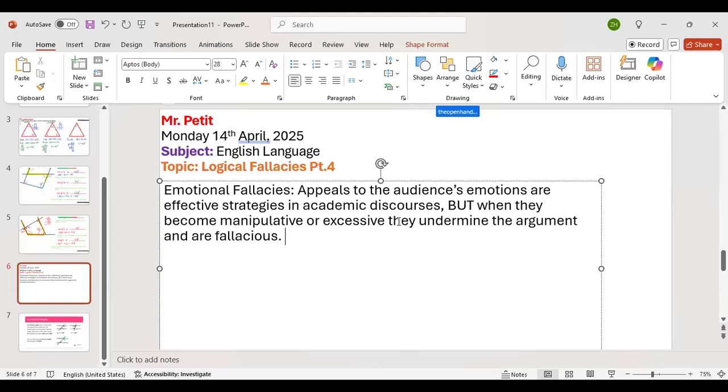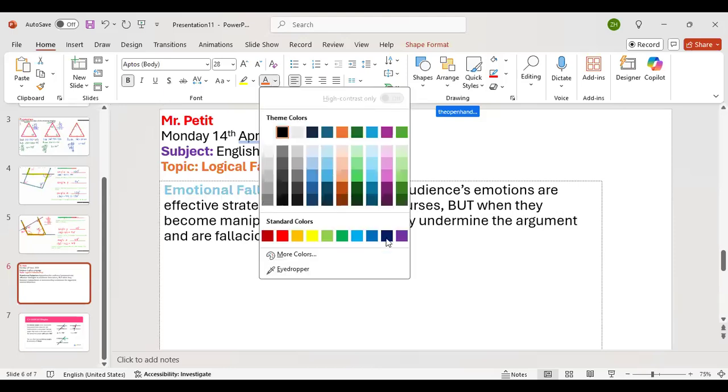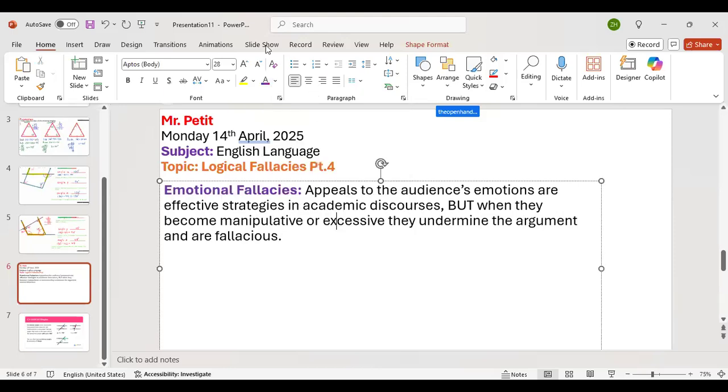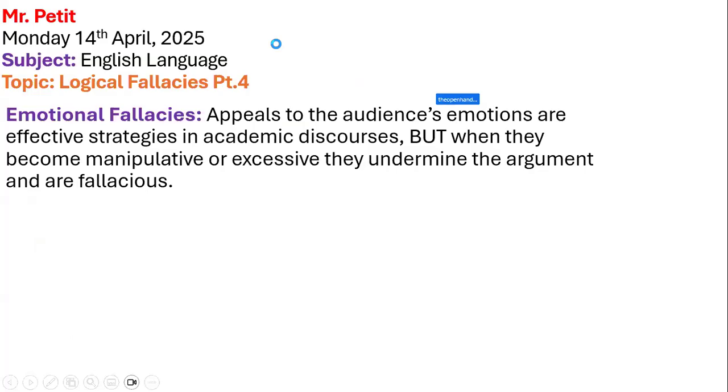What does it mean to be fallacious? That's a nice word. Everything you say is fallacious. Alea, everything you say is fallacious. Antoine, everything you say is fallacious. Fallacious doesn't mean aggressive.